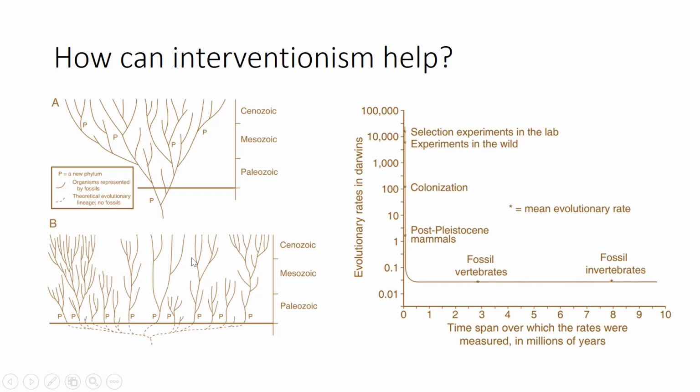But this is what you actually find. Here we have the organisms represented by fossils. And what you find is that the greatest amount of diversity of animal and plant phyla is very early in the fossil record, and the diversity is all present basically at the same time with no connections.